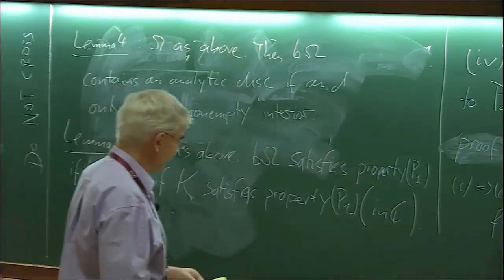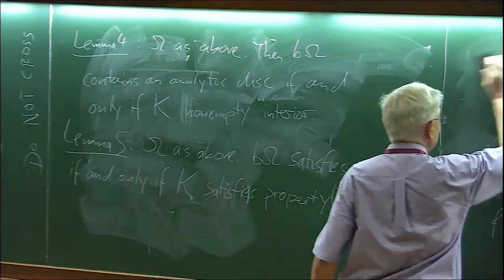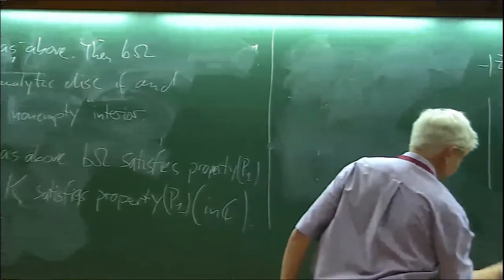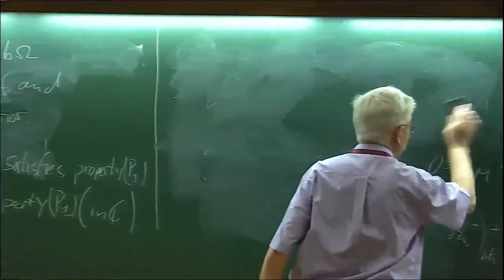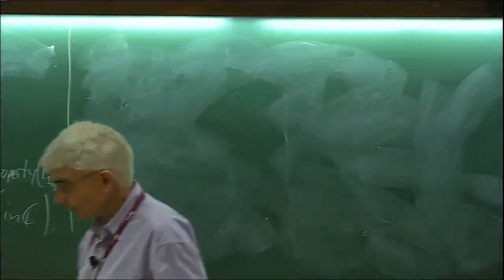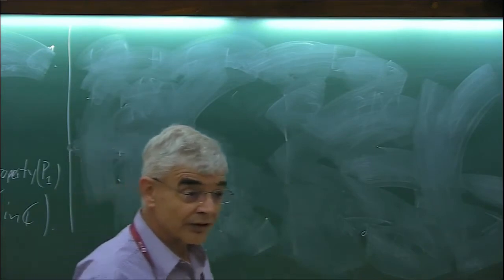Now, this is only a portion, half of this proposition. I will finish it in a moment. The point is that the set K in the plane satisfying property P1 can also be expressed in terms of a certain non-empty interior, but not with respect to the Euclidean topology, but with respect to the fine topology.